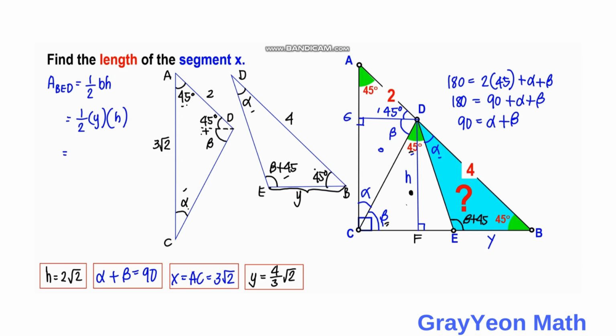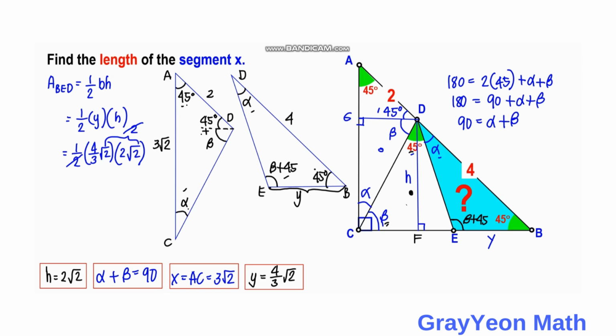So it's equal to 1/2 times y, which as we have gotten earlier is 4 thirds square root of 2, times the height, which is 2 square root of 2. If we combine this, square root of 2 times square root of 2 becomes 2, and this cancels out with the 2 in the denominator.